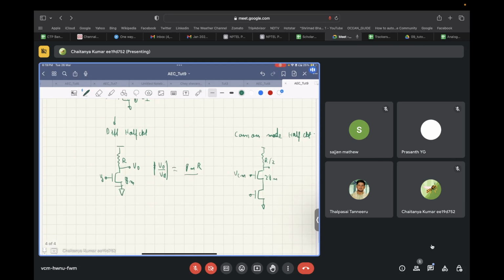So, can you help me find the gain from input common mode to the output common mode, that is VCMO? So we have to find VCMO by VCM. How will we find it?